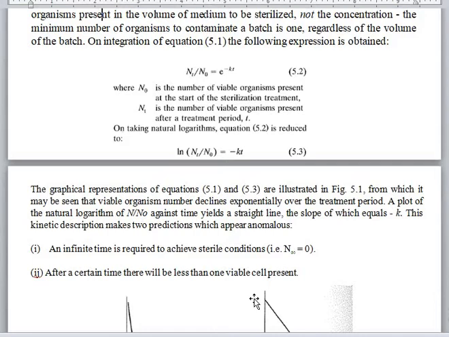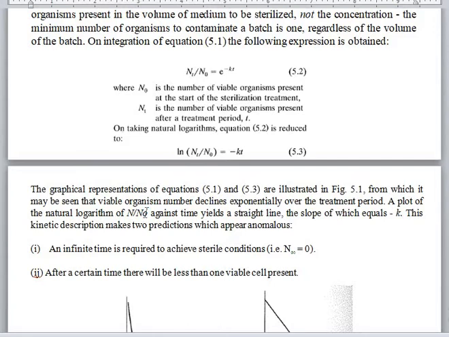Now the graphical representation is shown in two graphs, from which it can be seen that the viable organisms decline exponentially over the treatment period. When time increases, first consider that 1,000 organisms are present in a medium.